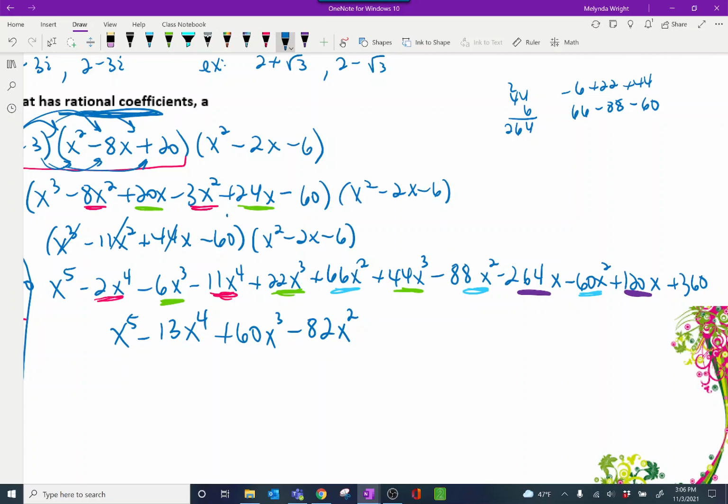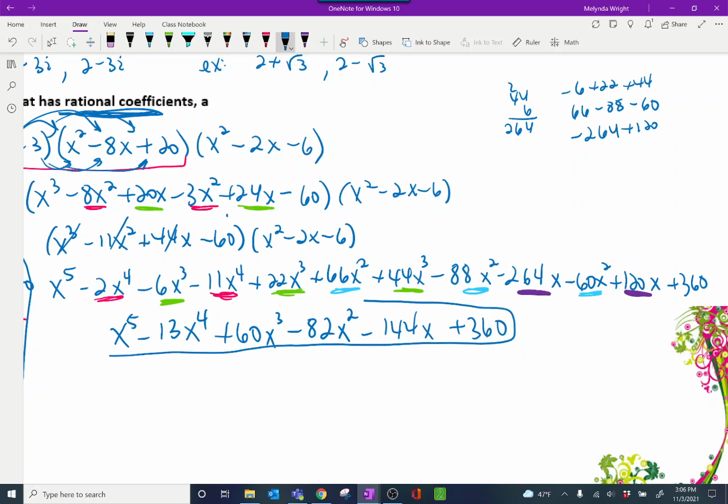I've got negative 264 plus 120. That would give me a negative 144x. Whew, we're almost there. Plus 360. And that is the end of that problem. All right, fantastic.